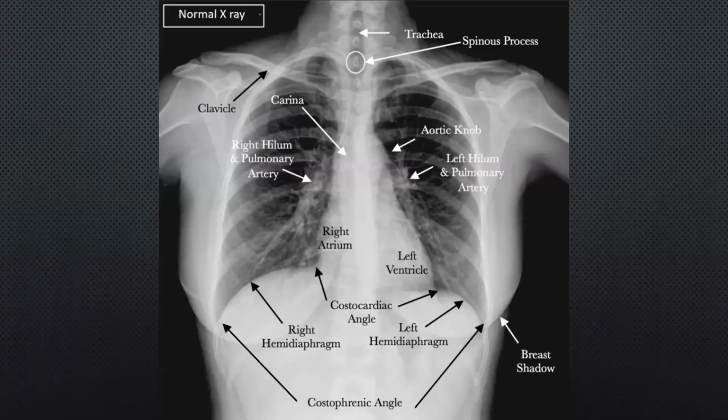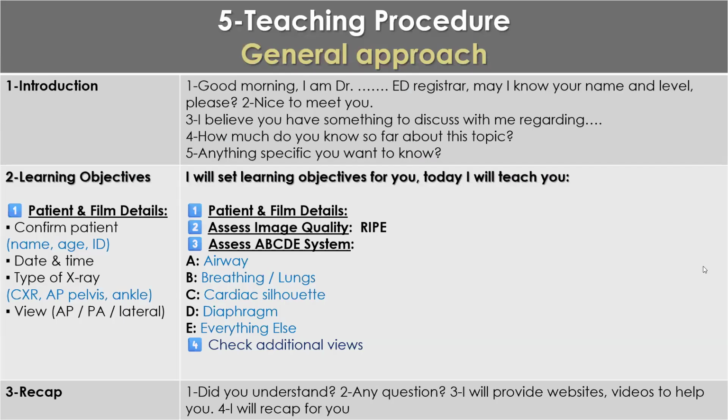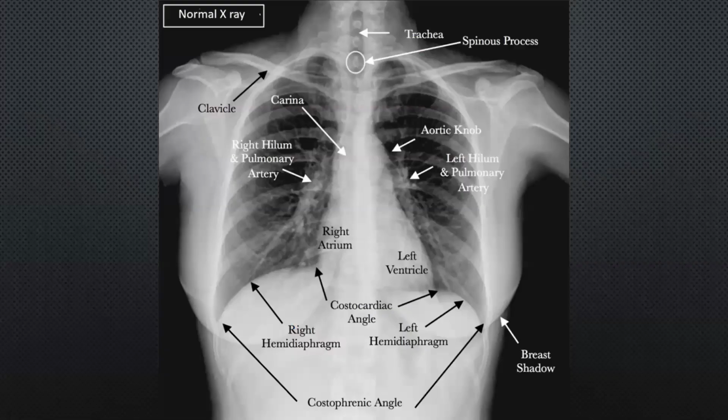Then we will go for the next point. The A, airway, B, breathing lungs, C, cardiac cell, diaphragm, everything else. Easy. In this point, you should mention the normal structures first. So you can say this is the trachea, this is the spinous process.